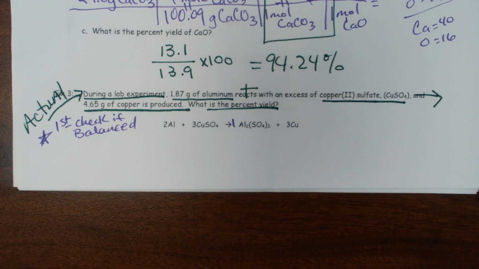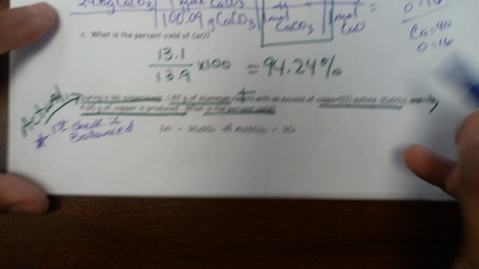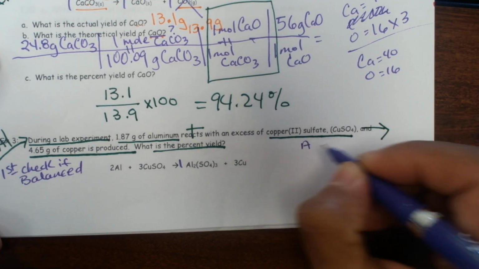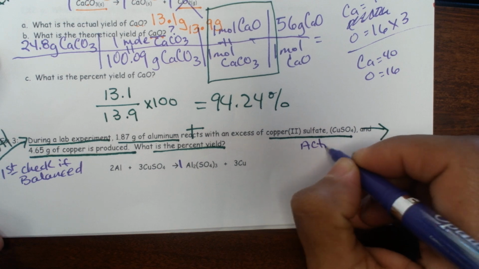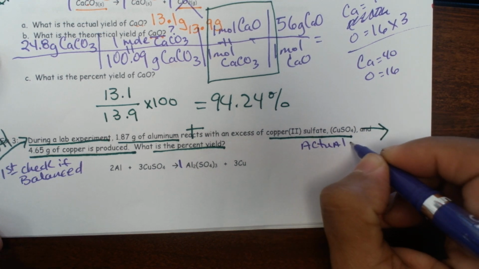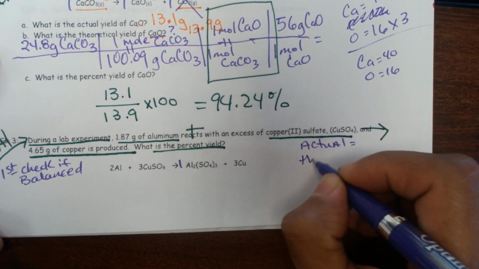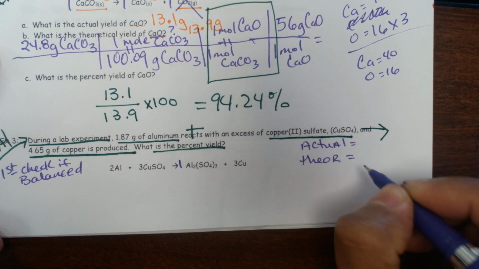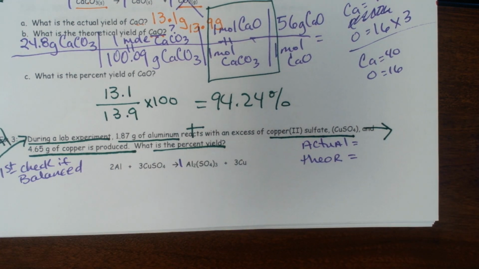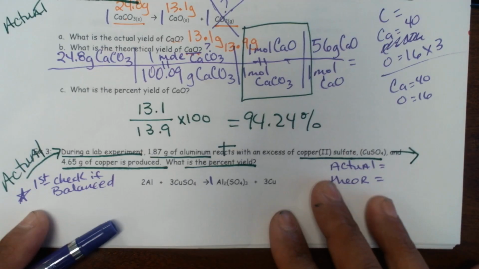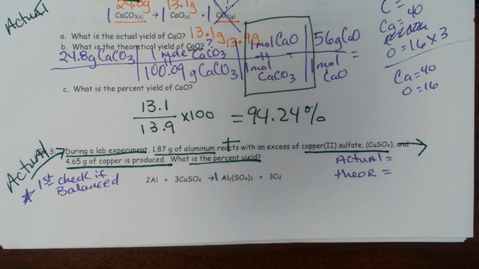We need the actual, we need the theoretical. That way we can calculate the percent yield. Now they gave us a number, but let's see if it's the correct numbers. What is the percent yield of?